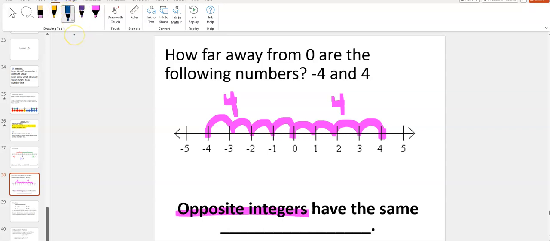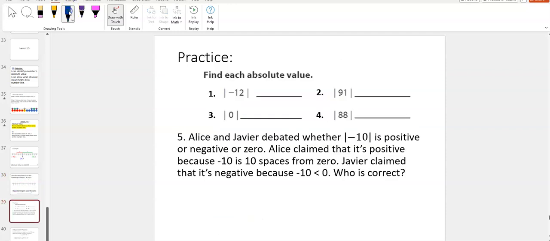So because they're opposite integers and they have the same absolute value, we can assume that all opposite integers have the same absolute value. So if you find out that two numbers have the same absolute value, you know they're opposite integers. All right, so let's practice with this, okay?